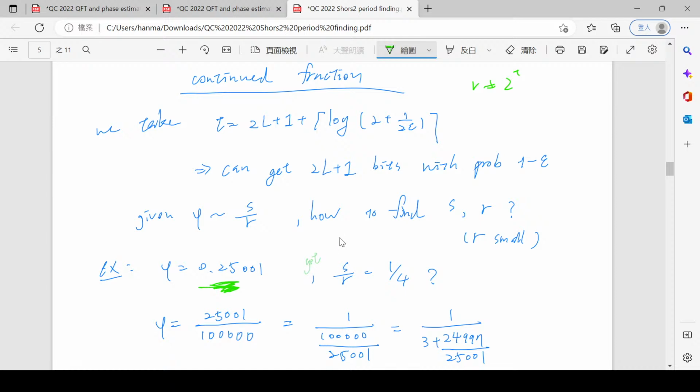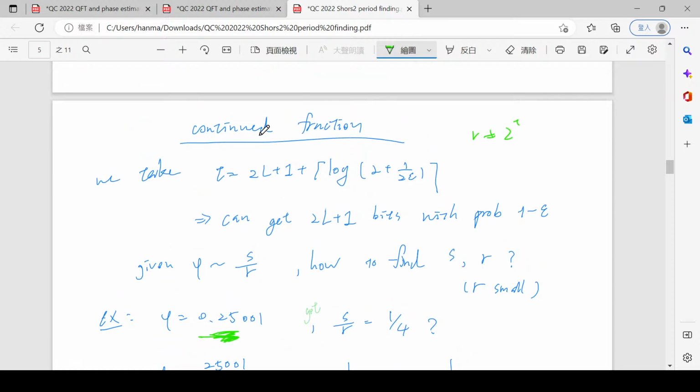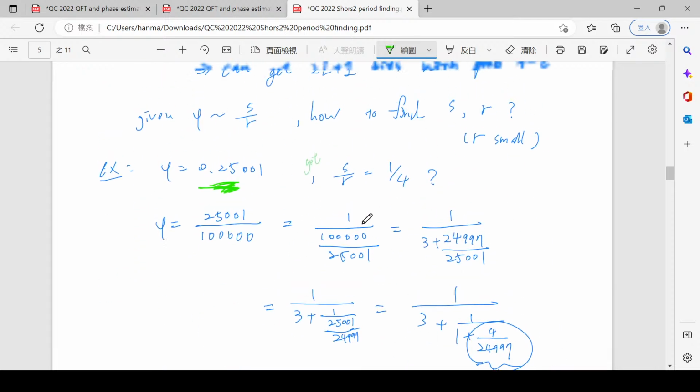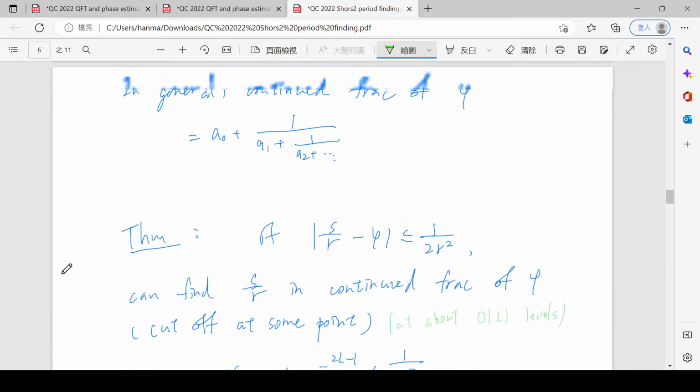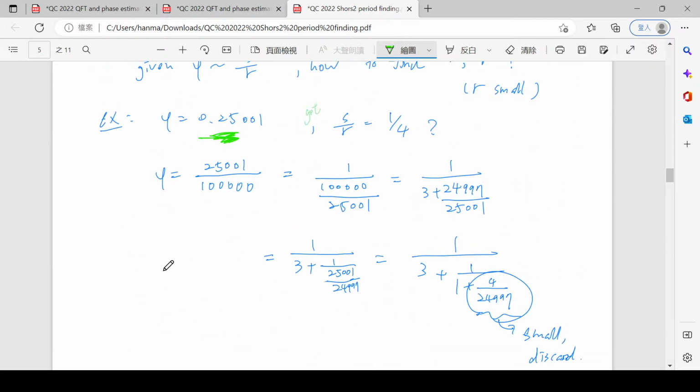But how do you tell a computer to do this? That's where we use continued fractions.